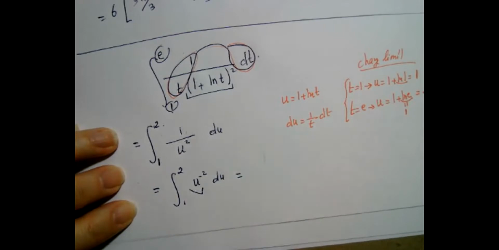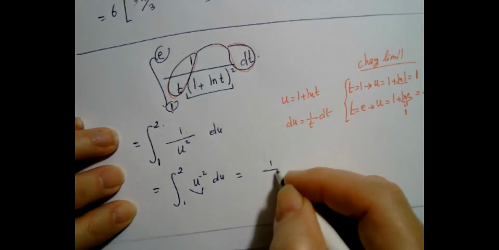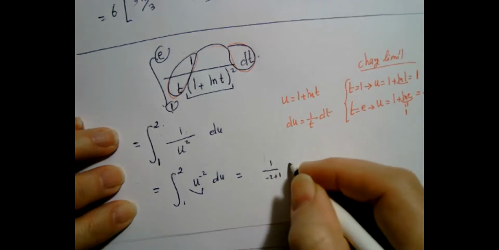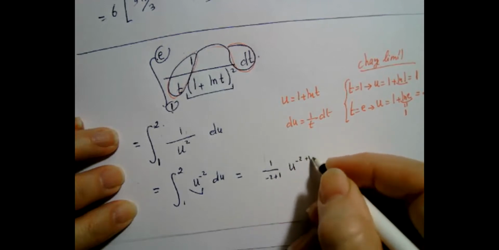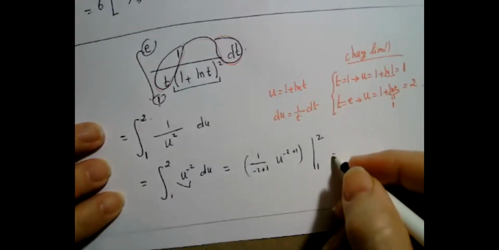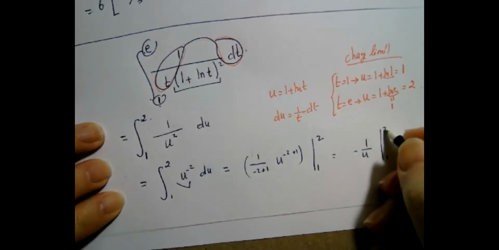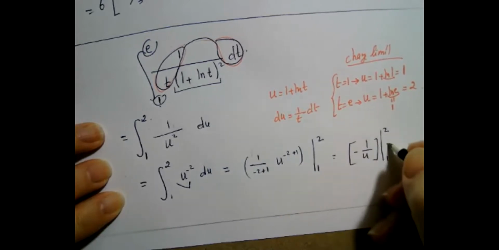Now, the antiderivative of u to the minus 2 is 1 over minus 2 plus 1, u to the minus 2 plus 1, evaluated between 1 and 2. So this is going to give me minus 1 over u between 1 and 2.